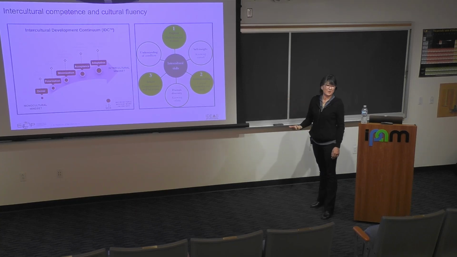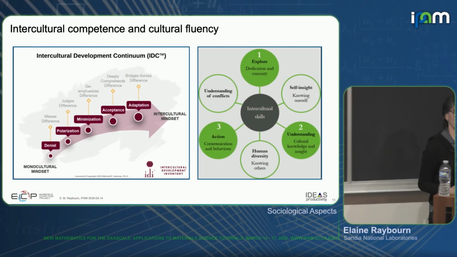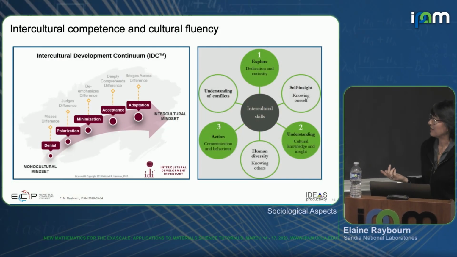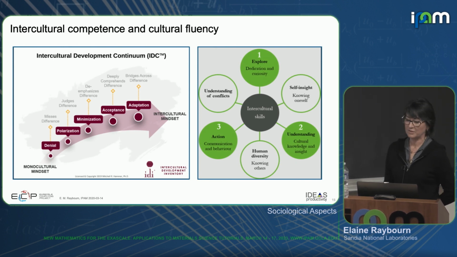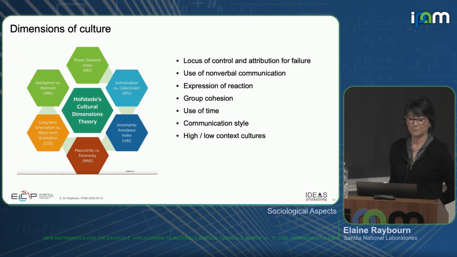But it's not just learning about others, it's also learning about oneself. So having a good idea of what motivates yourself, and what your lens is when you interact with others. And finally, an understanding of conflicts is something also that I have a little bit to share with you on what you can do if that does arise.